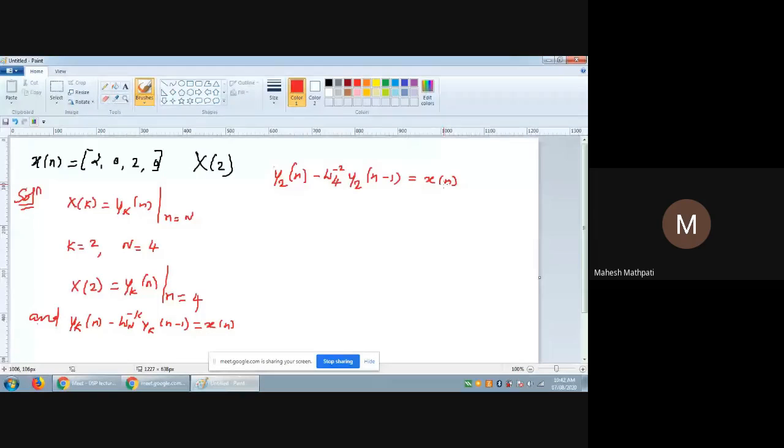Now, what is the value of W4 to the power minus 2? Anybody? What is the value of, you can write here where W4 to the power minus 2 can be written as, how I can write this?